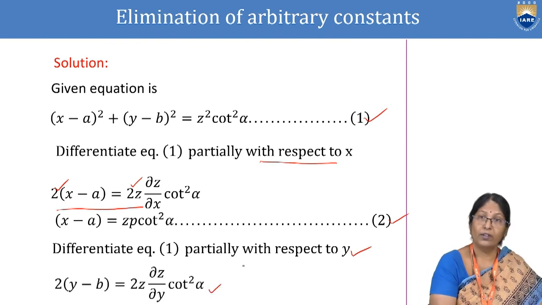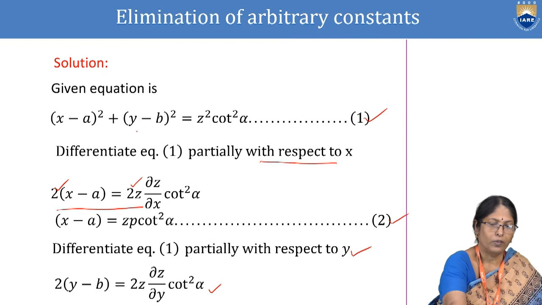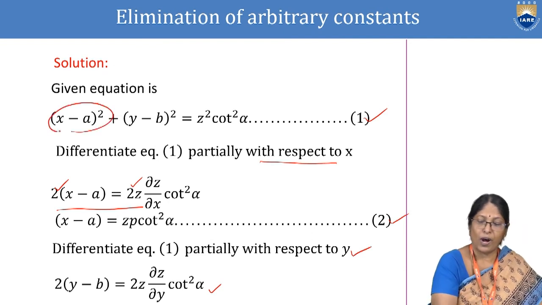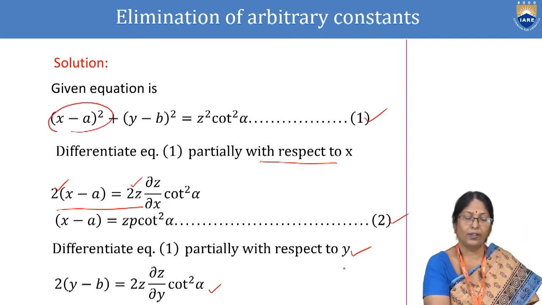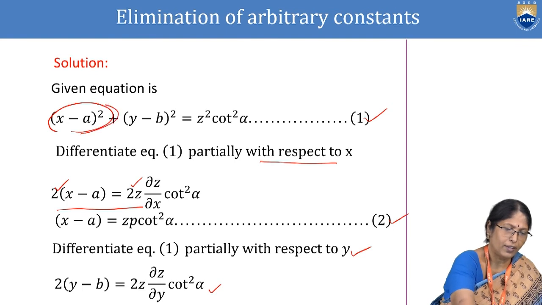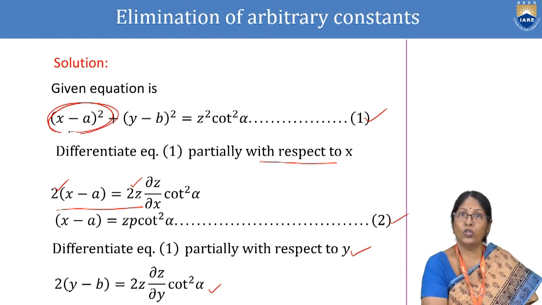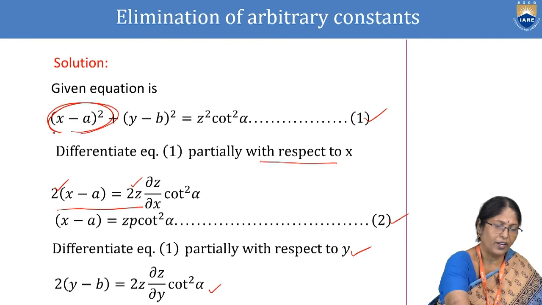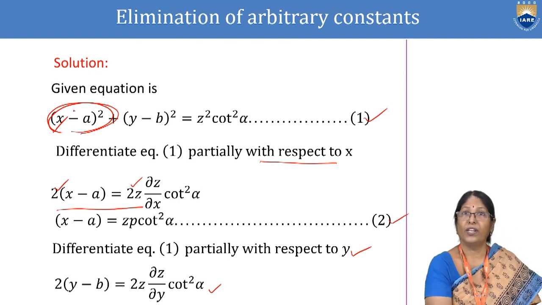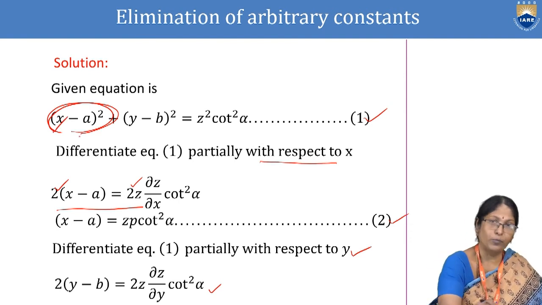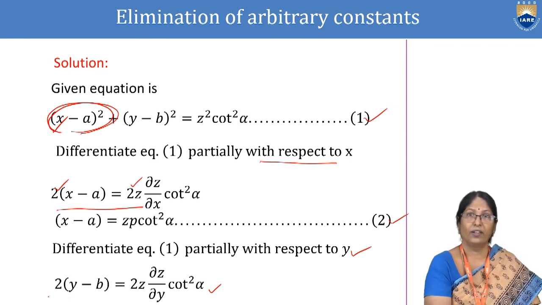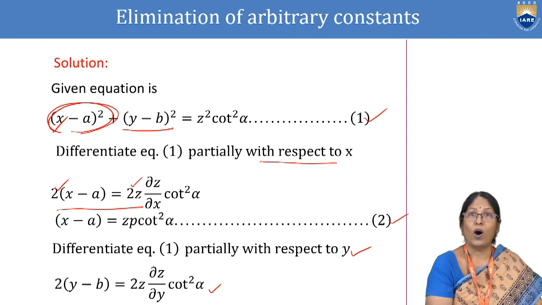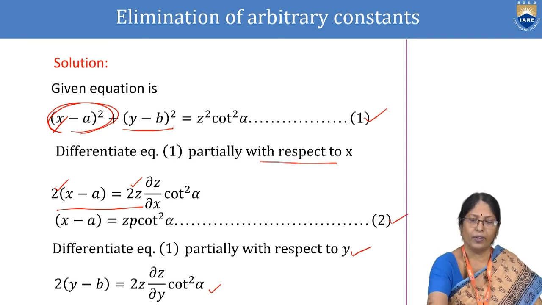So it is given partially with respect to y. That is the reason x minus a the whole square, completely related to x, we neglected. It has become 0. That is the reason here it is not at all written. The second term is y minus b the whole square.